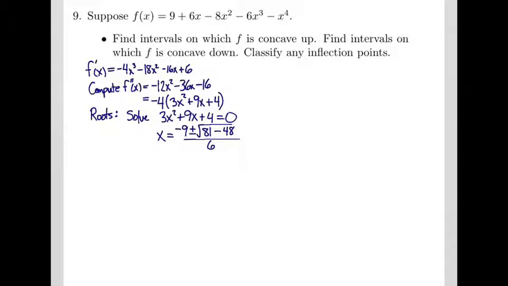So when I simplify that, my supercritical points are negative 9 plus or minus the square root of 81 minus 48, which is 33, all over 6.